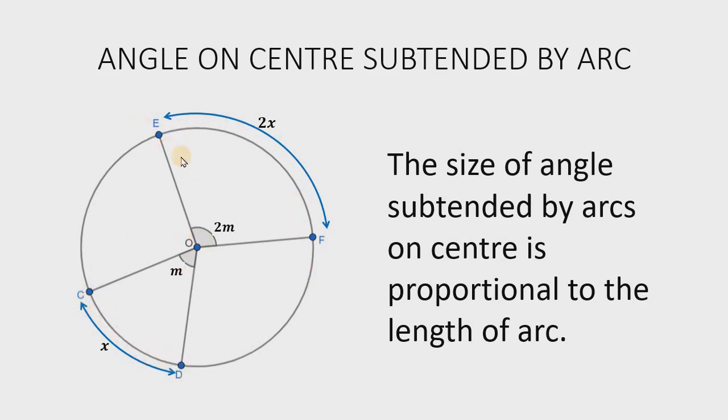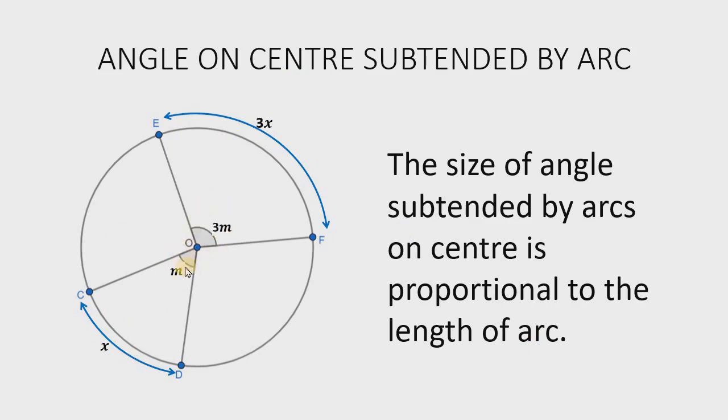So the angle is also double: here is 2m, here is only m. That's why we say the size of angle subtended by an arc on center is proportional to the length of arc. So how many times the length of arc is, it will also be that many times the angle on the center.